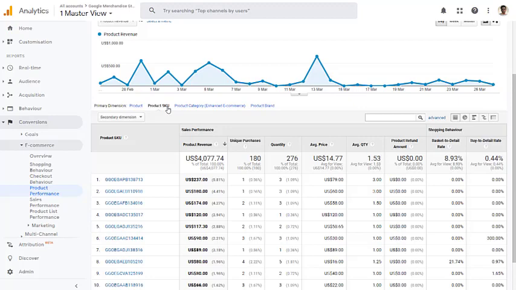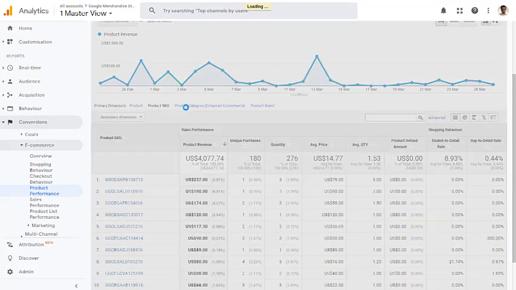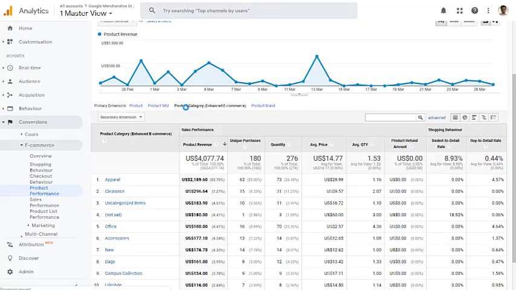Now, if you want to understand which categories are generating the highest amount of sales for me, you can go to the next primary dimension, that is product category. Here you will see the actual categories of your website and their revenue.